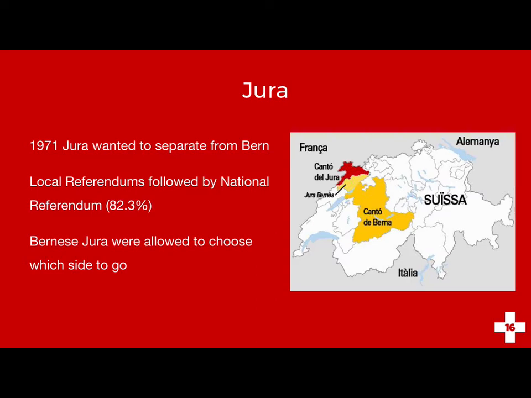And so the Bernese Jura had this sort of choice of do they want to be the linguistic minority in Bern or be the religious minority in Jura, and they chose to be the linguistic minority. So that's why that area is very contentious, because a lot of people in Jura still want the rest of Bernese Jura to come and join them.